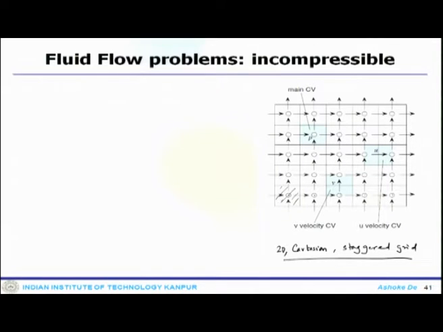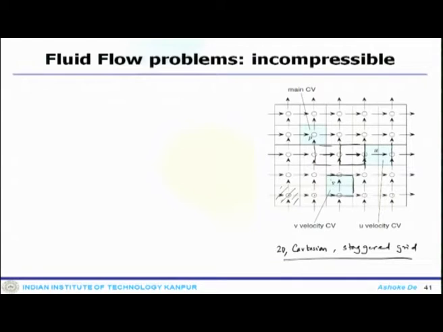Now, when you come down to the u momentum equation, the control volume will shift by delta x by 2. So, this is going to be the control volume for the u momentum equation, where u is stored at the face. This is the control volume for any interior node. And for v, this is going to be the control volume for v.